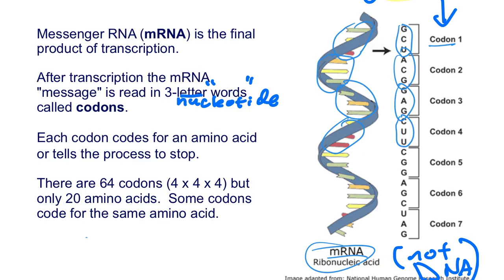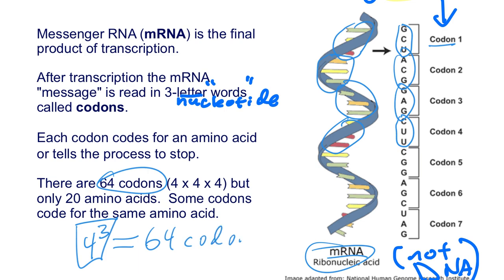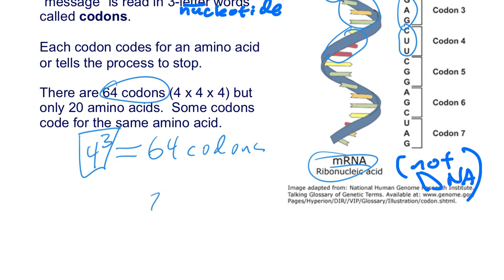Okay, so there's 4 messenger RNA letters, and there's 3 nucleotides per codon. So statistically, there should be 4 times 4 times 4, 4 to the 3rd power, or 64 different codon combinations with the 3 letters. But there's only 20 amino acids.